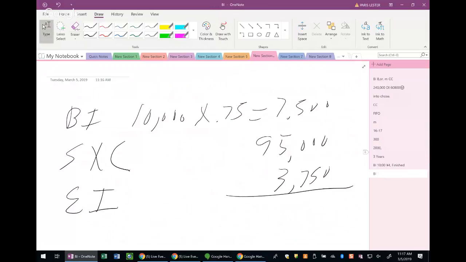So your answer under FIFO would be a little bit different. All right, what would it be? Add that up. Is that 106? $106,250. Now this is FIFO.